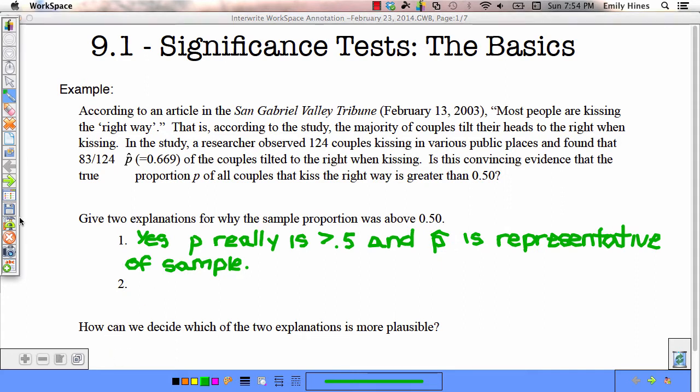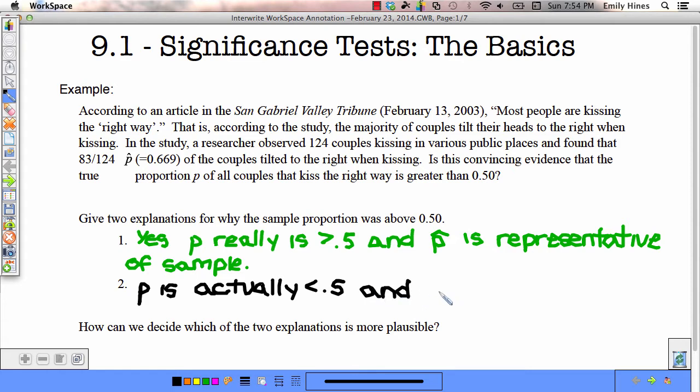The other explanation is that the true population proportion is actually less than 0.5, and our p-hat is so high just by random chance. It just so happens that that reporter saw that many couples just by random chance.